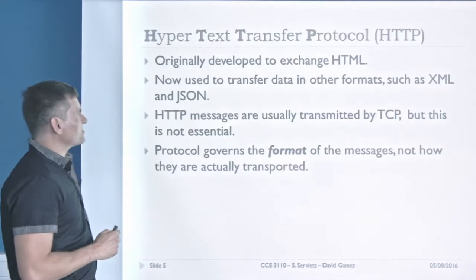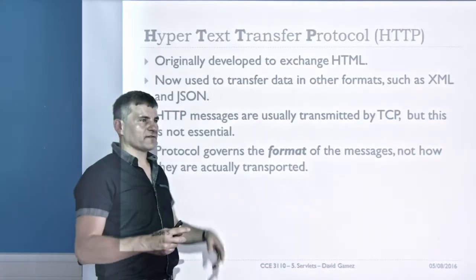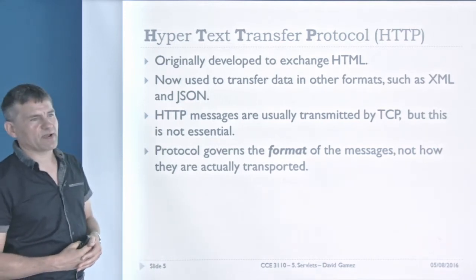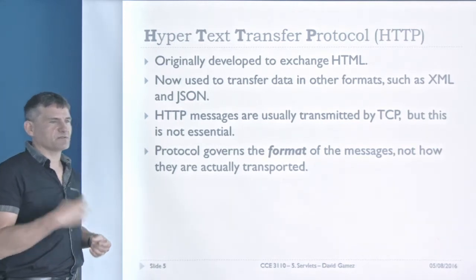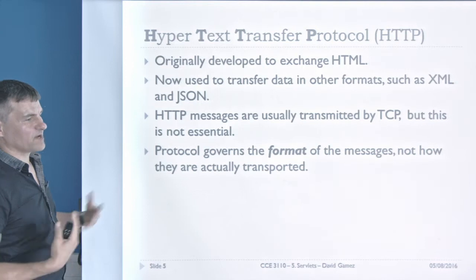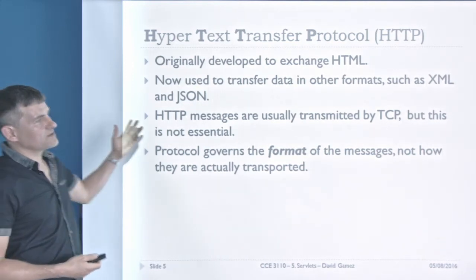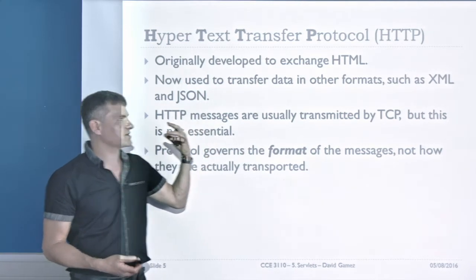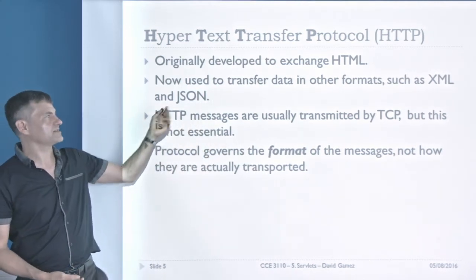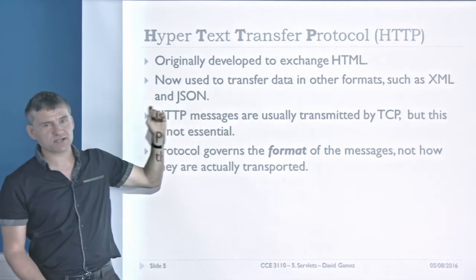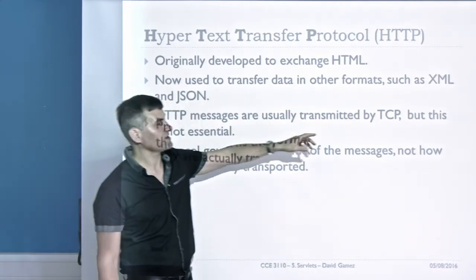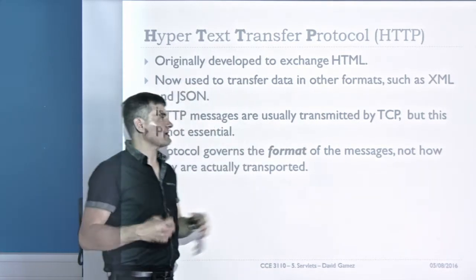Okay, so the HTTP protocol. Originally, it was all about exchanging HTML. You want to request HTML documents as part of the World Wide Web. That's where HTTP came from. But now it's commonly used to exchange other data in other formats, such as JavaScript Object Notation, which we'll cover in the next lecture, I think, and XML, and maybe other stuff as well.